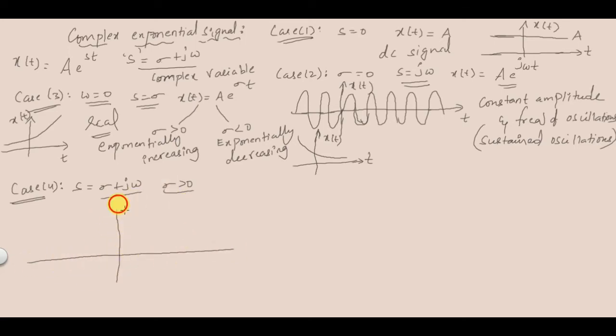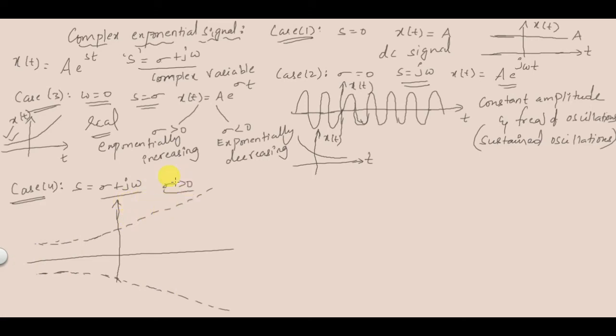Since sigma is greater than 0, we'll have exponentially increasing signal, just as in this case. So this diagram is repeated here. So this is also the replica of this. So this is exponentially increasing.